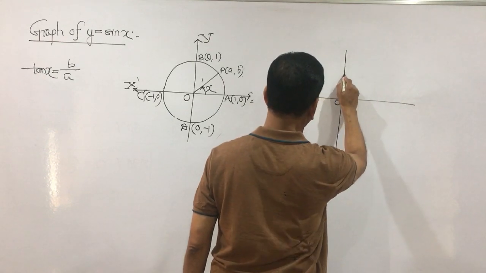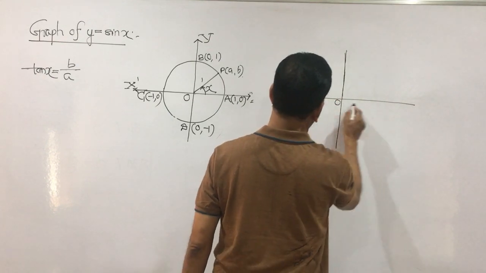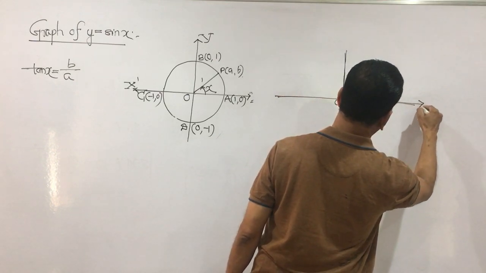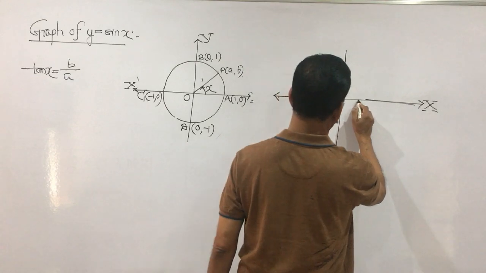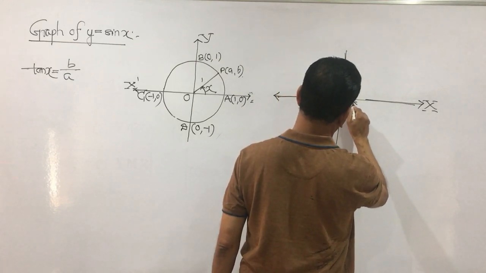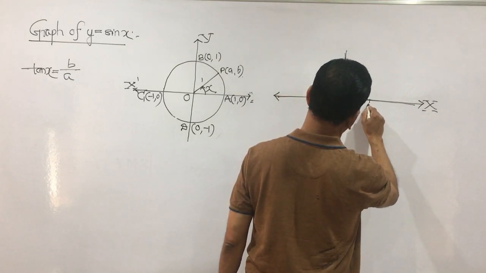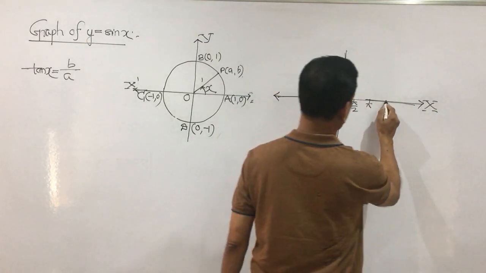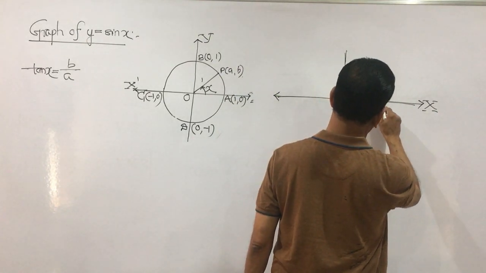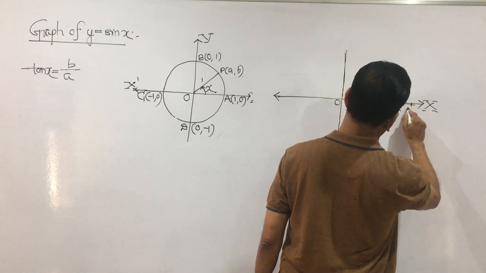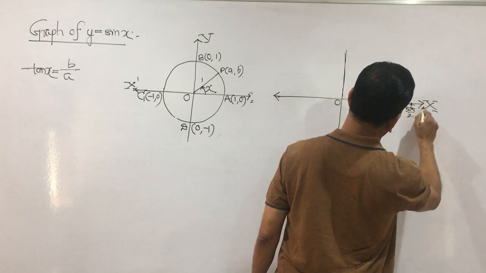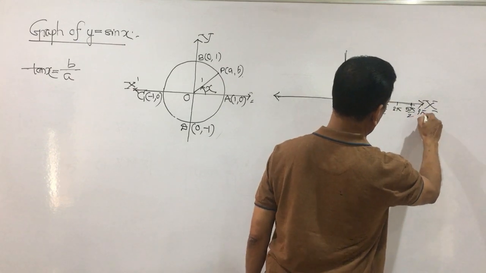And I denote: first is pi by 2, next is pi, next is 3 pi by 2, it is 2 pi, 5 pi by 2, next is 3 pi, etc.